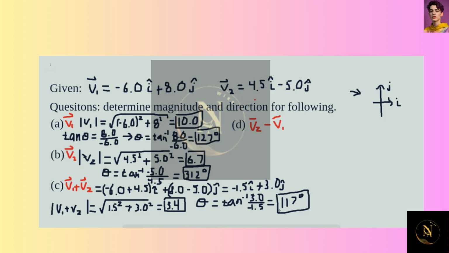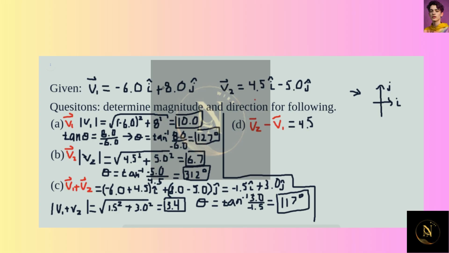Okay, and lastly, we want to find V2 minus V1. So let's go ahead and draw some lines here, so we can separate out our solution for D from the solutions for the rest of them. So let's just go ahead and write it next to this. So V2 minus V1, well, we have 4.5 minus V1.